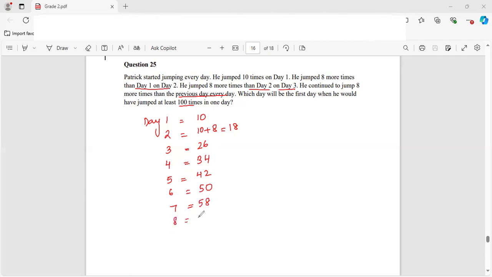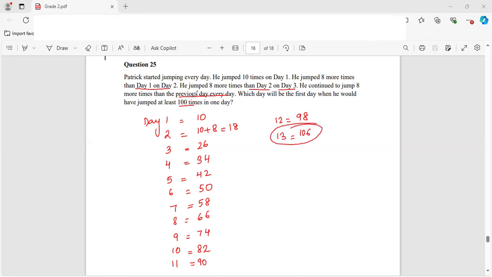Day 8 will be 66. Day 9 will be 74. Day 10 will be 82. Day 11 will be 82 plus 8, which is 90. Then day 12 will be 98. And day 13 will be 106.